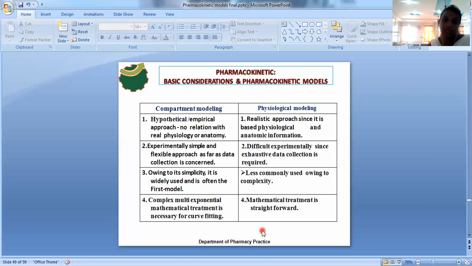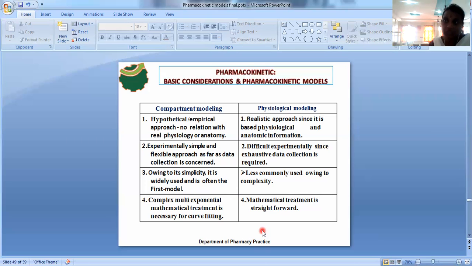Data fitting is very important. If you are concentrating on the data collection, it is okay. In such cases, this particular compartment modeling experiment is very simple and very flexible. With the particular time period, you get the particular data, but it is difficult experimentally, since exact data collection is required.